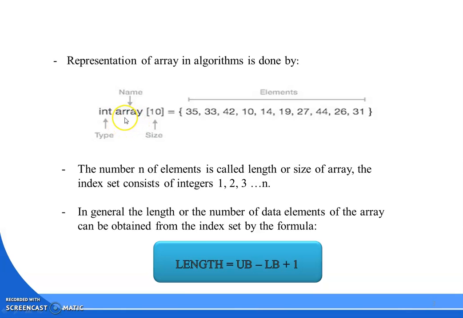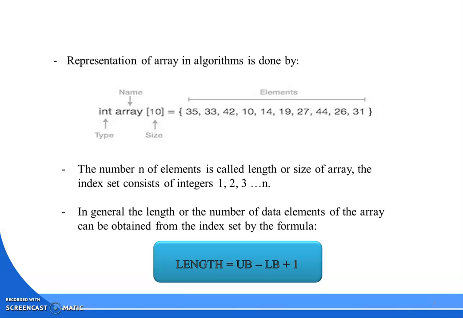Next is the array name, and next is the size of the array, that is how many data elements it actually consists of. So the representation of array in algorithm is done by int array of size 10. Here int is the data type, array is the name of the array, and size is the total number of data elements stored in the array.